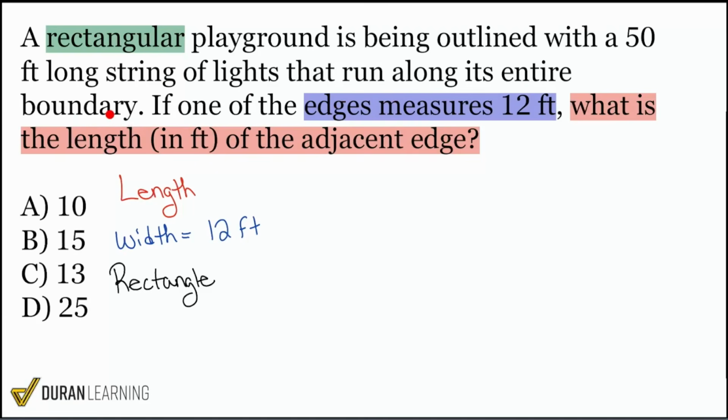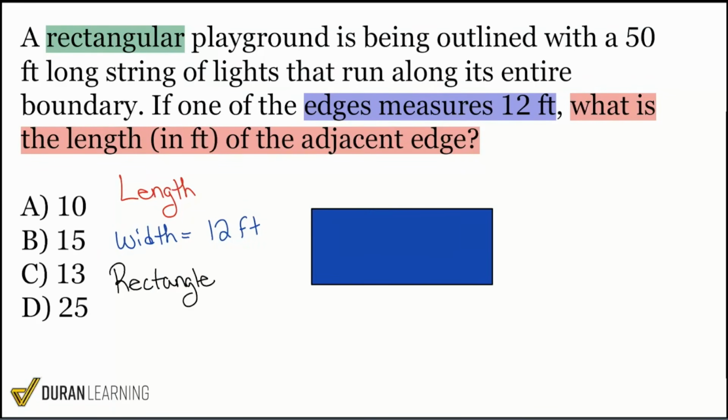That doesn't say perimeter. That doesn't say area. How can we figure out which one this might possibly be? Well, it's just going to be about reading the context. Let's draw a rectangle, and let me show you what I mean.